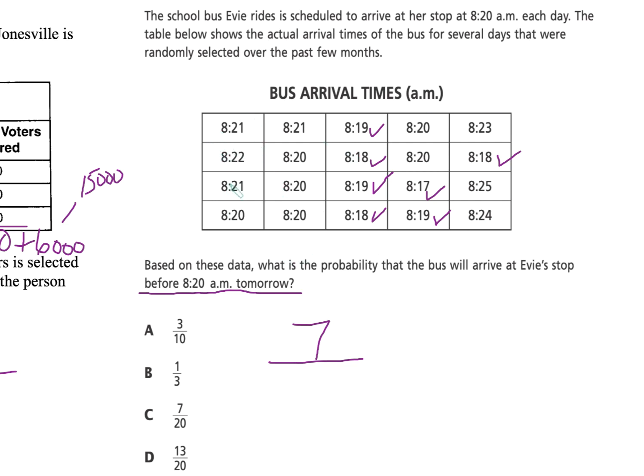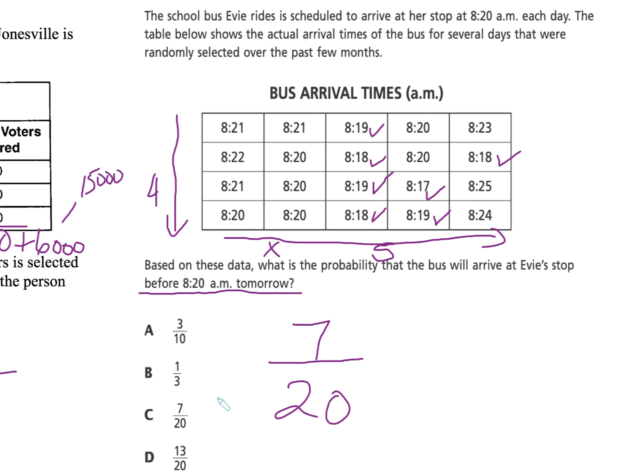So 1, 2, 3, 4. So if we go down this way, it's 4. And if we go this way, it's 5. And 4 times 5 is 20. If you want to, you can count them all, 1 through 20. And this is in simplest form, or you can go from here, you see your answer is C.